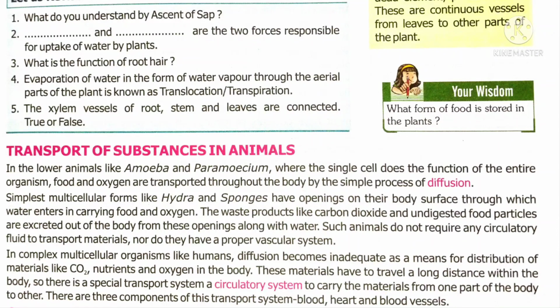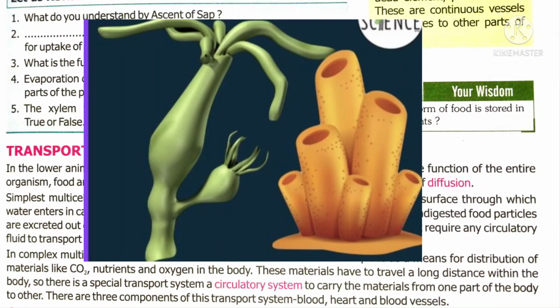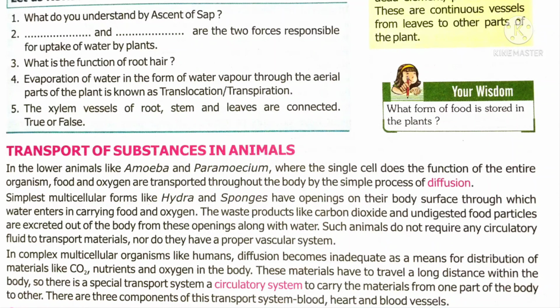And also some multicellular organisms like hydra and sponges have openings on their body surface through which water enters into the body, which carries food and oxygen. Waste materials like carbon dioxide and undigested waste materials are all eliminated through the openings of these multicellular organisms like hydra and sponges with the help of water.